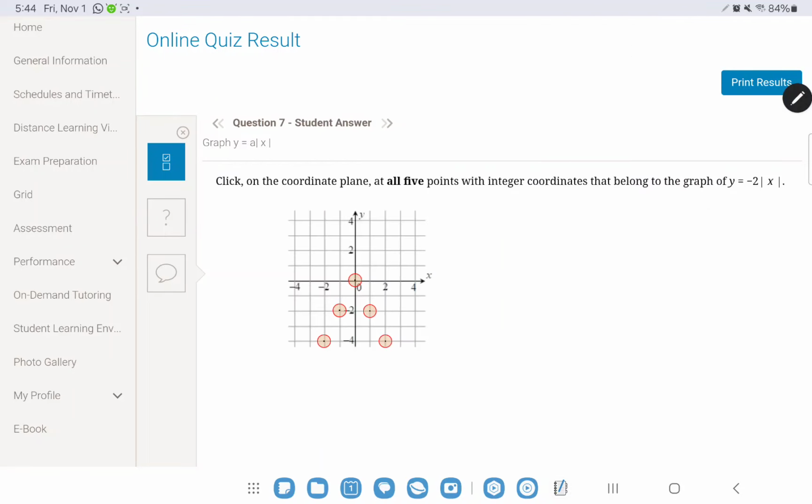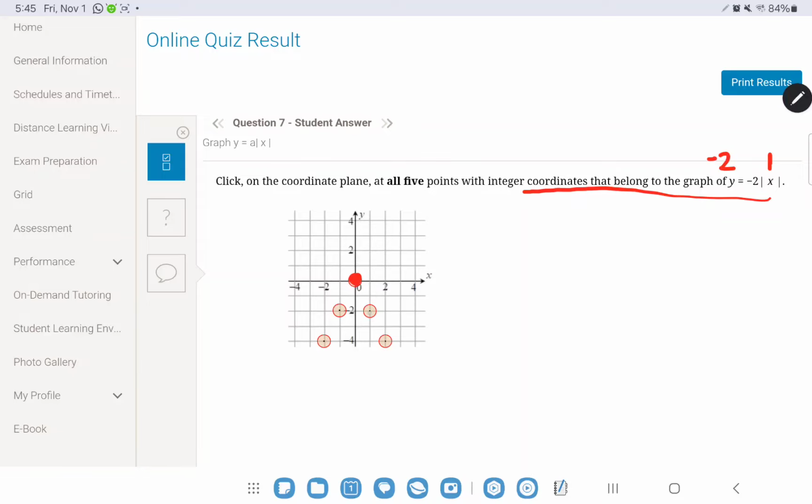Now, this question is really fun to do. So, always, you need to graph, but on the computer. How do you do that? Take points. When your x is 0, your y is 0. So that's going to be your first point. When your x is 1, your y is negative 2.